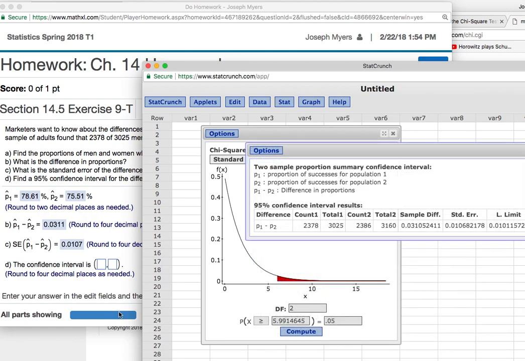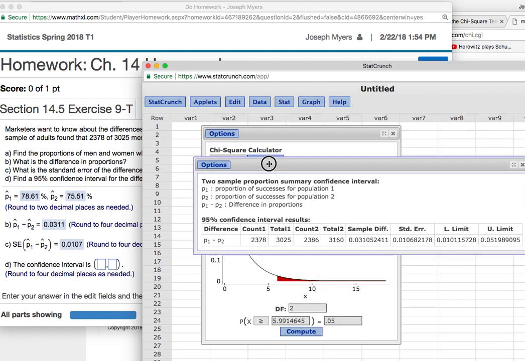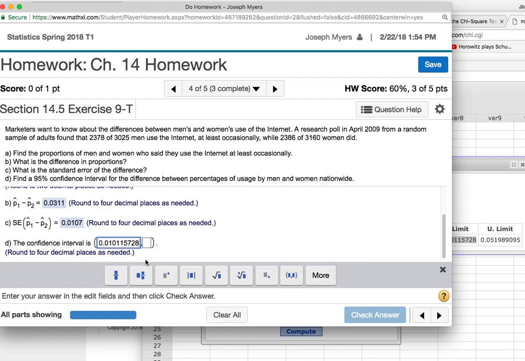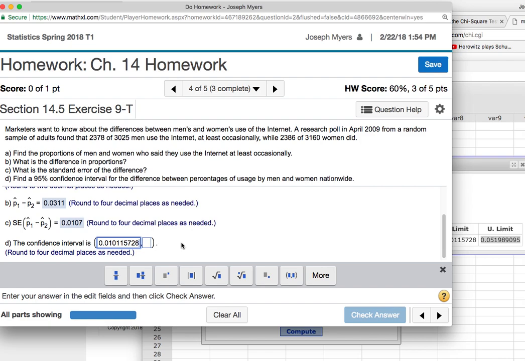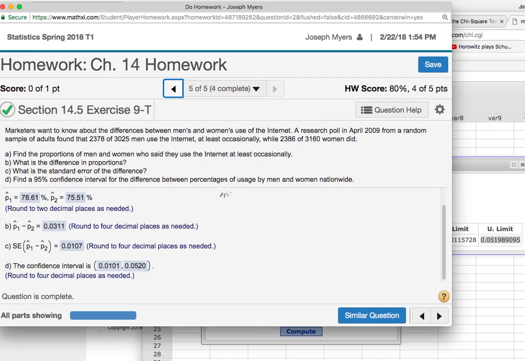Compute, and you'll get a range between this number and this number. And round those off to 4 decimal places. So 0.0101 and then 0.0519 with an 8 would round up to 0.0520. Excellent.